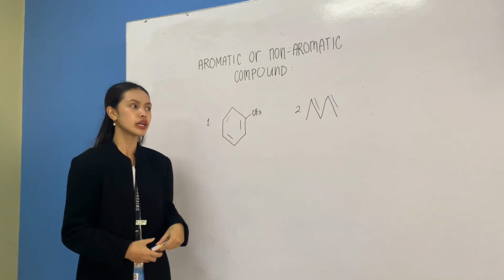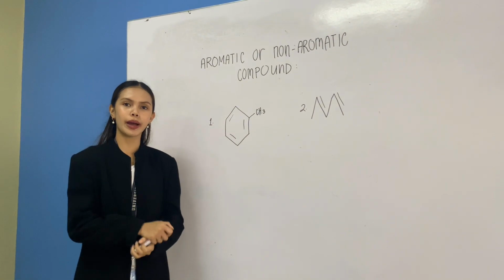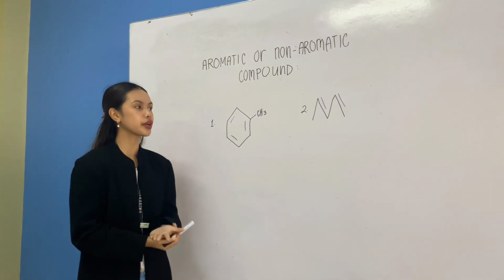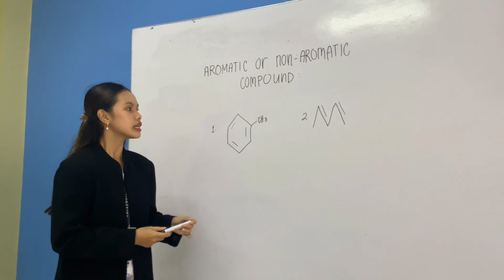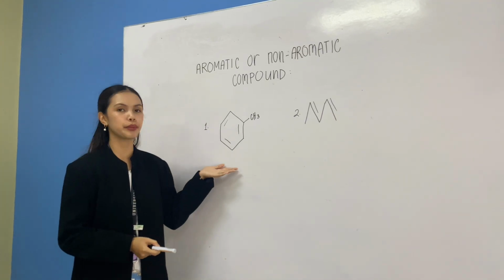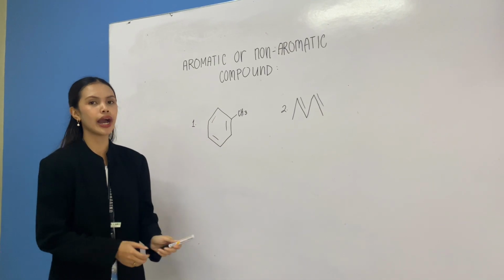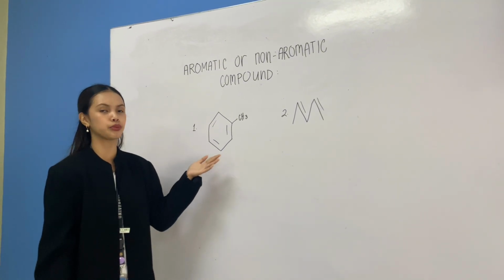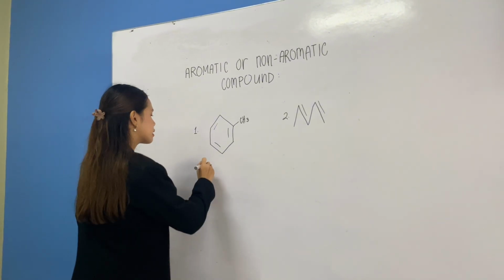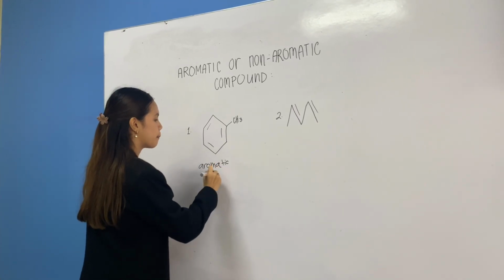Remember that the carbon here, which is sp3, does not affect the aromaticity since it is not directly part of this ring. Lastly, fourth, it must have an odd number of pi-cloud electron pairs. We have 3 here, which meets the rule. This means that this is an aromatic compound.